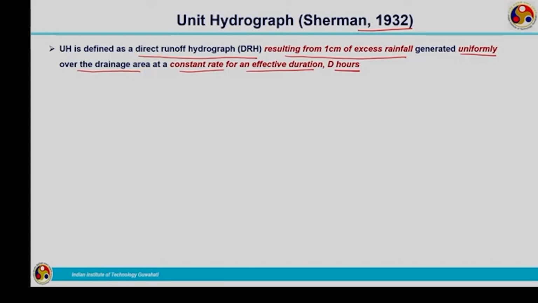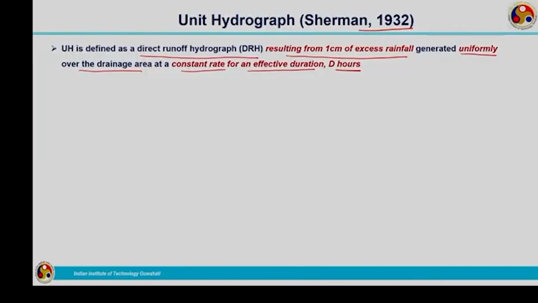It is the direct runoff hydrograph produced from 1 centimeter of rainfall occurring uniformly over the catchment, or the drainage area, for a specific duration of d hours.